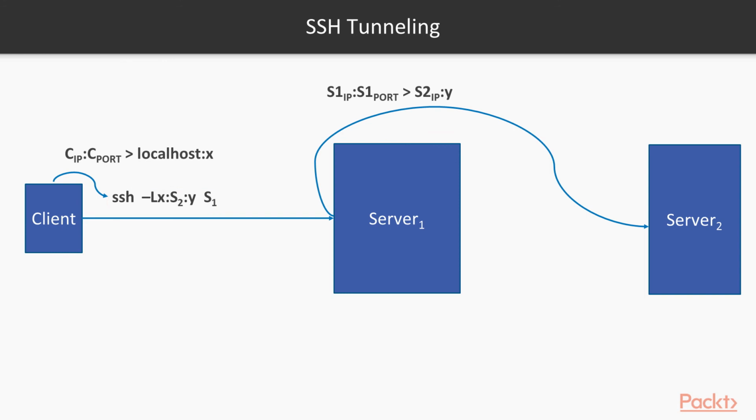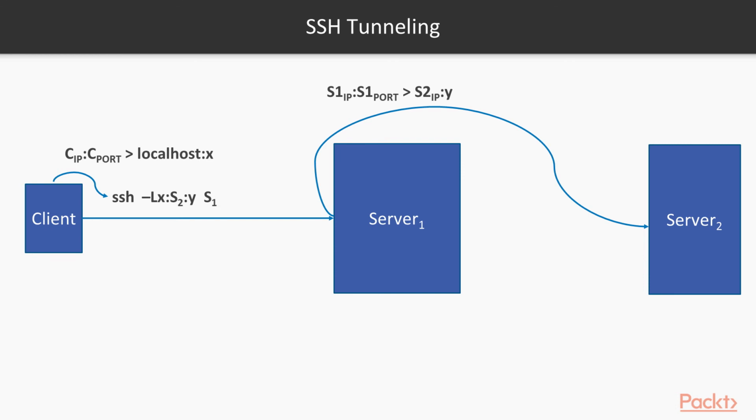And this way, SSH will bind itself on the port X on the localhost, and will act so that if anything is connecting to the port X on the localhost on the client, then any data will travel through this SSH connection to server 1, and on server 1, this connection will be sent to the port Y on server 2.